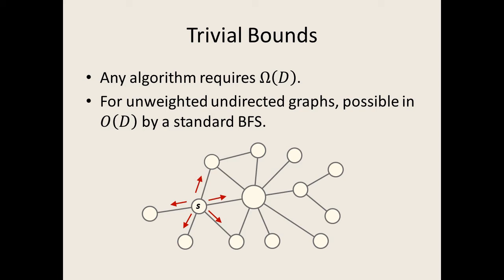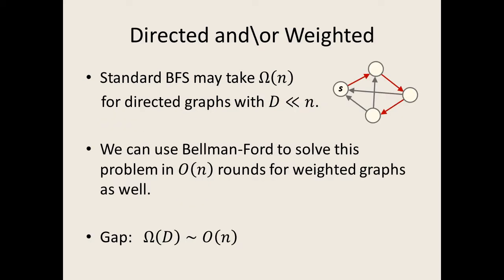So this is a trivial case, but things are getting more interesting when these edges have weights and/or directions. For example, for directed graphs, a standard BFS here may take an order of n rounds, even when the diameter of the network itself is much smaller.